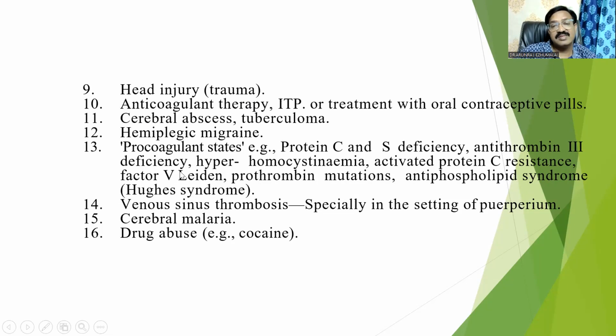Protein C, protein S levels, antithrombin 3 levels, homocysteine levels, activated protein C resistance, factor 5 Leiden mutation, and antiphospholipid and lupus anticoagulant antibody tests should all be done to diagnose young stroke.